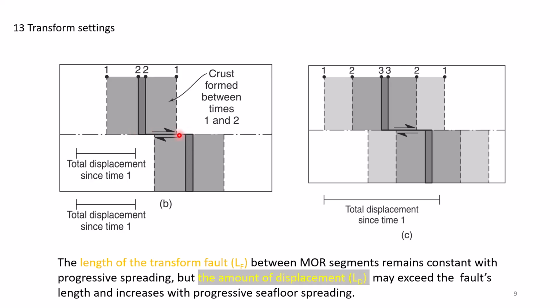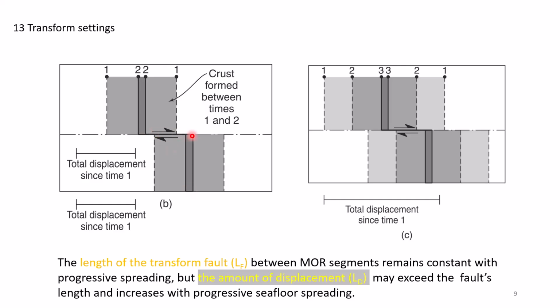The length of the transform fault is defined and is created during continental breakup in the early stages of rifting. That is when we create the offset between neighboring mid-oceanic ridges. That means these are old and inherited structures that go back to transfer faults in the continental breakup stage. And this length does not change irrespective of how active mid-oceanic ridge segments are.